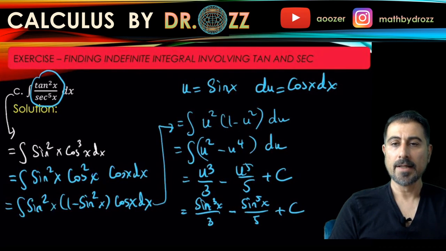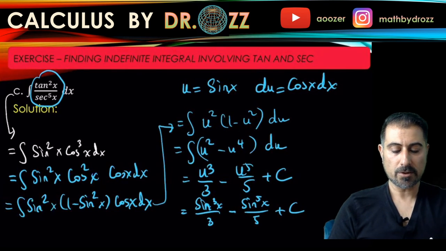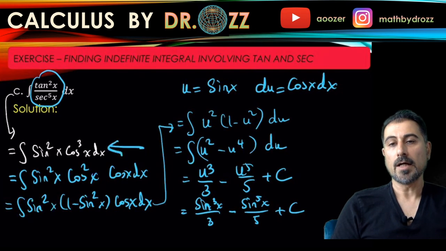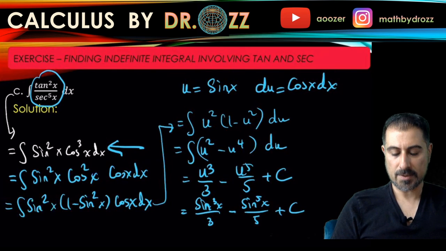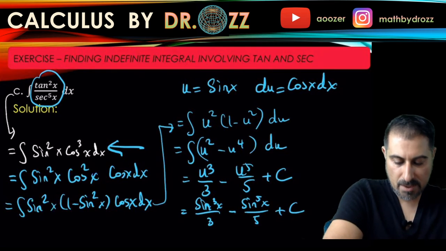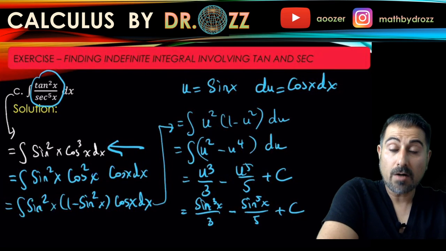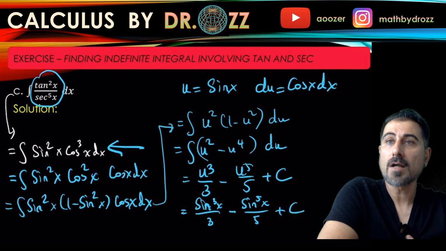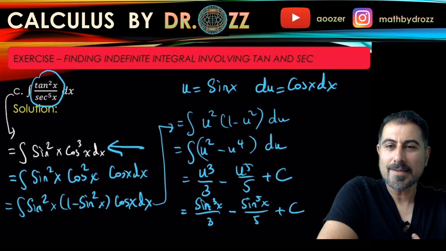So we got an alternate formulation of the same integral, and we applied the guidelines that has cosine raised to the power of 3. Okay, so it's an odd power of cosine. All right. I think that's the end of it.